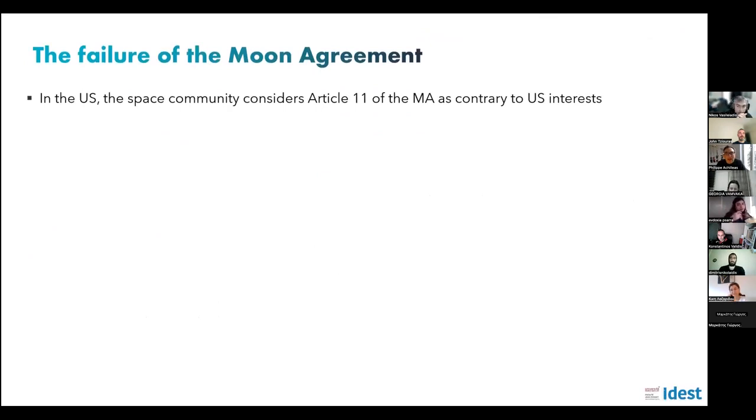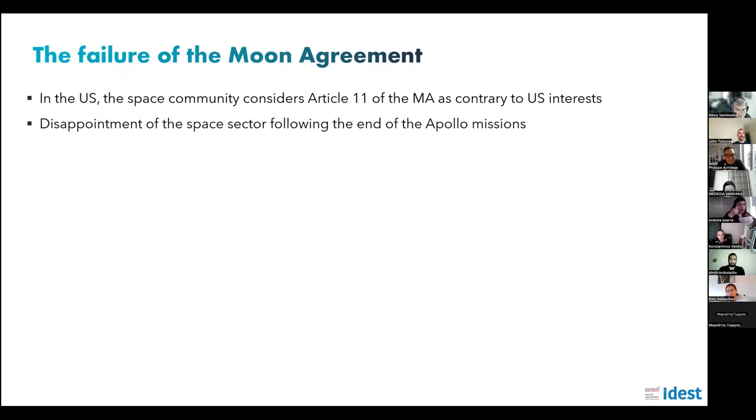Then there was a debate at the US level, because in the US, the space community considers Article 11 of the Moon Agreement as contrary to US interests. You have to understand that at that time, there was a strong disappointment of the space sector following the end of the Apollo missions, when the US government decided to terminate the missions that led the US to go to the moon and to develop moon activities.